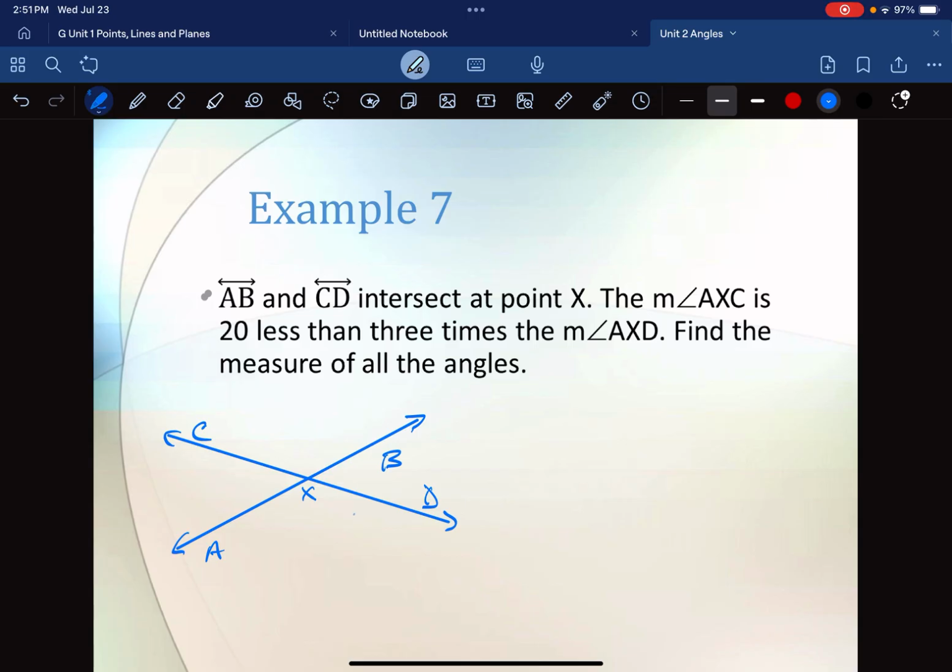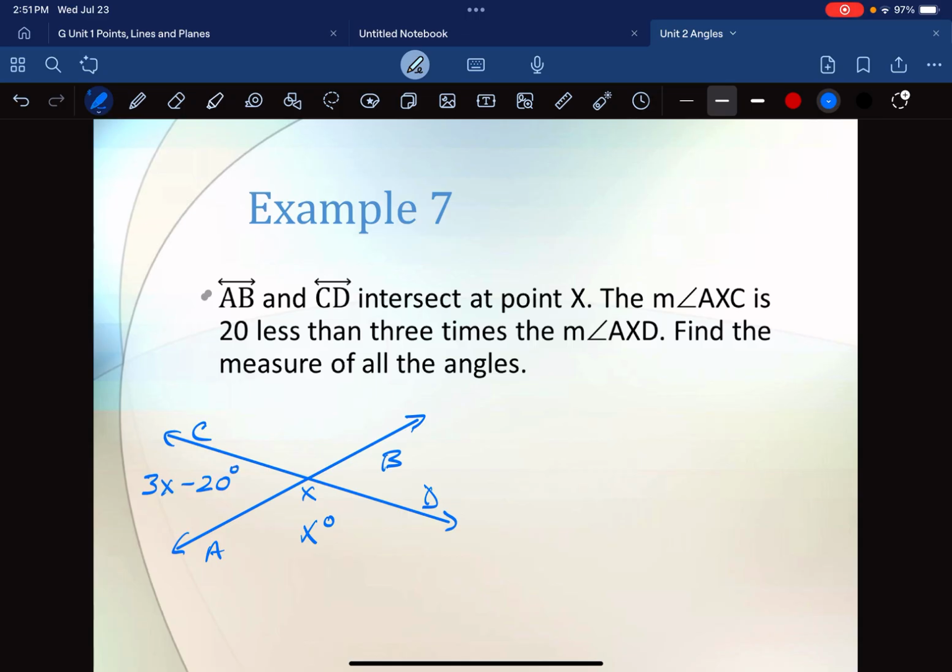Well, the measure of AXD must just be x degrees then. And then the AXC is 20 less than 3 times that. So that would be 3 times x, and then 20 less than is minus 20. So those are my two expressions.